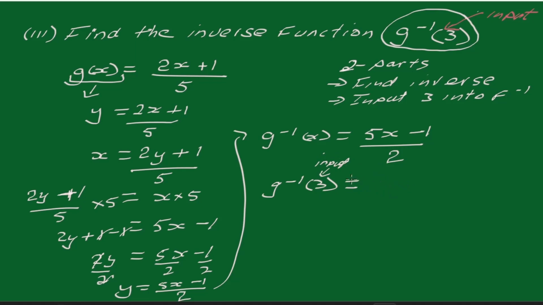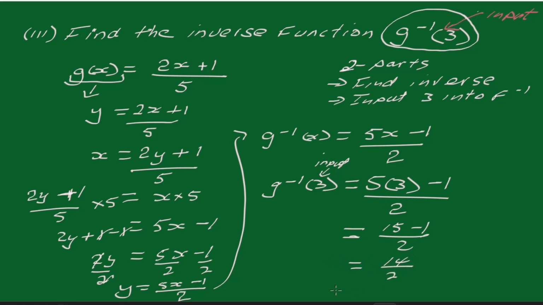So anywhere I see an x, I'm going to replace it with 3. So I get 15 minus 1 all over 2, which is equal to 14 over 2, which is equal to 7. So the final answer, g inverse of 3 equals 7.